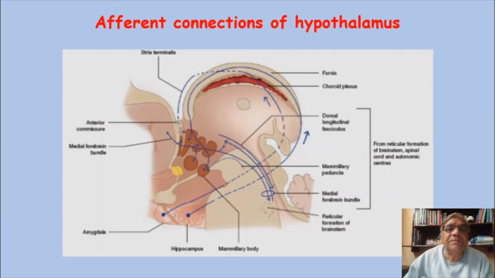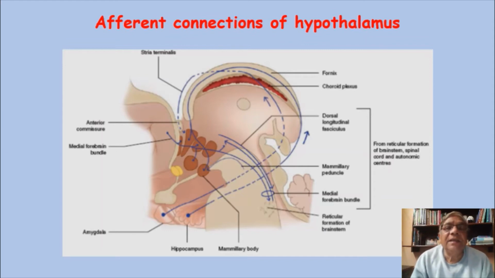This is the preoptic nucleus, and here is the location of the anterior nucleus. So these are the afferent fibers coming from the amygdaloid complex.